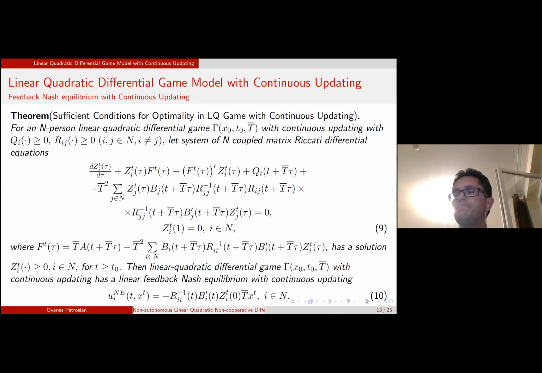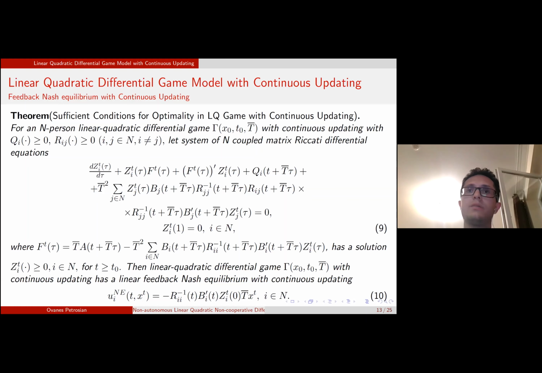And another interesting thing is that if we consider an autonomous case, and we consider a case of two players, then we can automatically say that the Nash equilibrium with continuous updating for this specific case would be unique and continuous. But this is a small result which is not very general. That's why I never added it to the presentation.